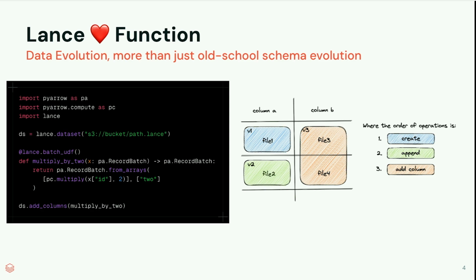This function will apply to each value in that column. So you can easily say, I want to multiply by 2, or I want to leverage some kind of model to generate information out of the existing column as a new column. I will give a more detailed example in the later slides.